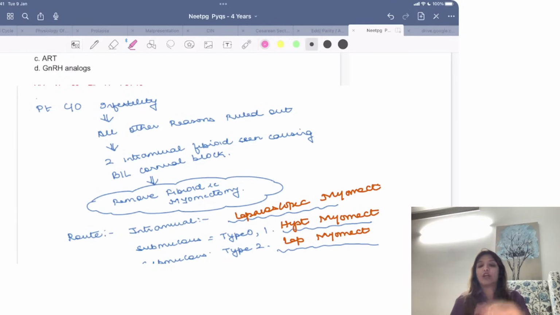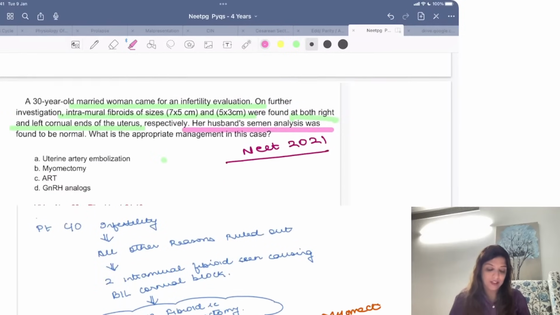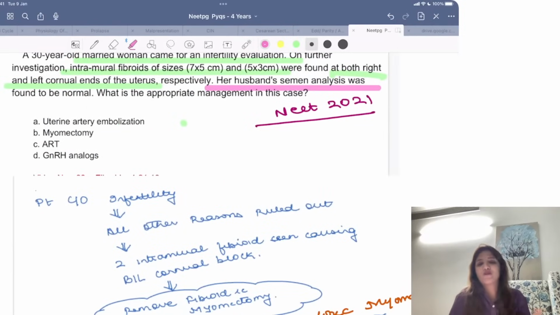In case of intramural fibroids, or subserosal fibroids, or type 2 submucous fibroids, you have to go for laparoscopic myomectomy. So over here there is no option like laparoscopic, so I'm going to mark the answer as myomectomy, simply myomectomy, right?